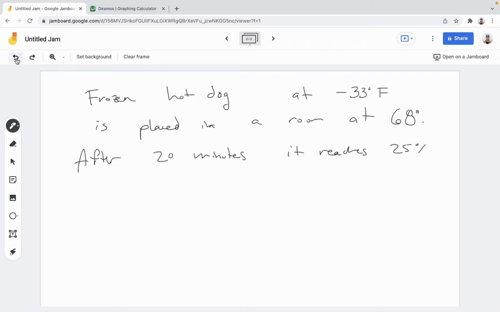Then I would need to know a couple things, like for example, what is k? What is the temperature after, let's say, 45 minutes? And then how long will it take to reach 50 degrees?